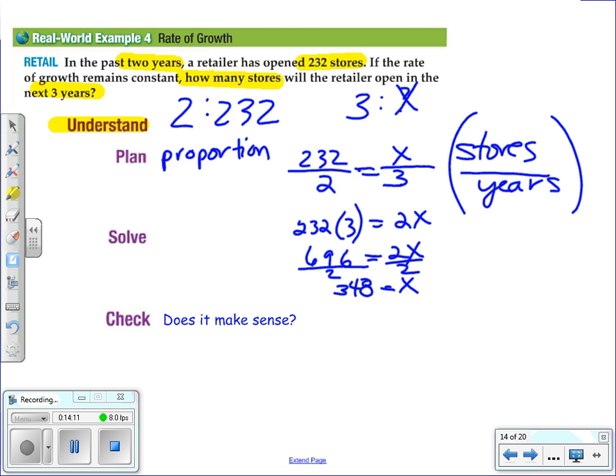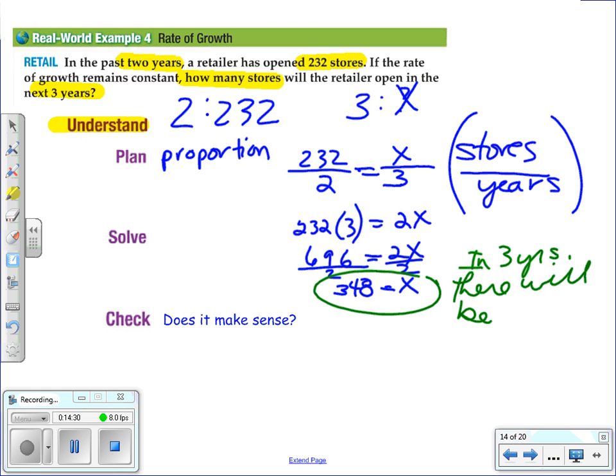So what does the x tell us? This tells us that in 3 years, so I'd write a sentence now, in 3 years, there will be 348 stores. Okay?